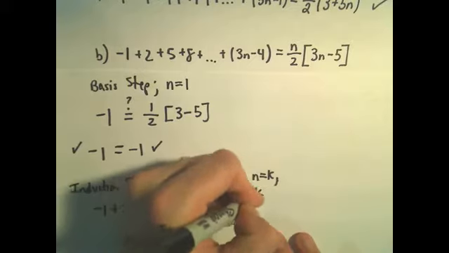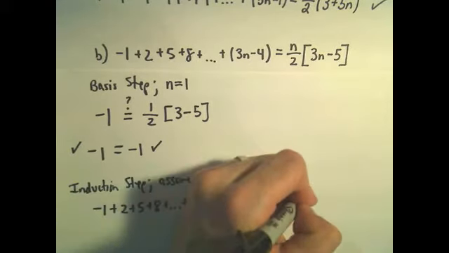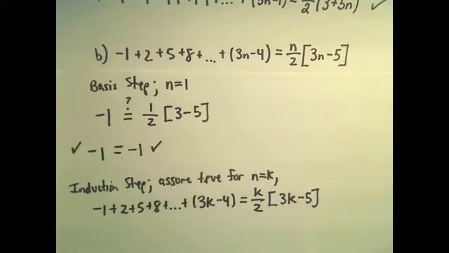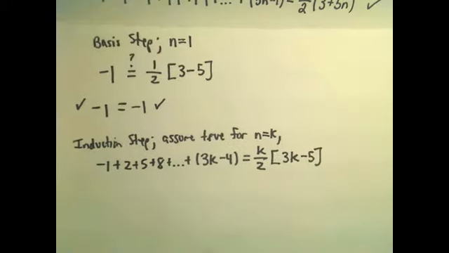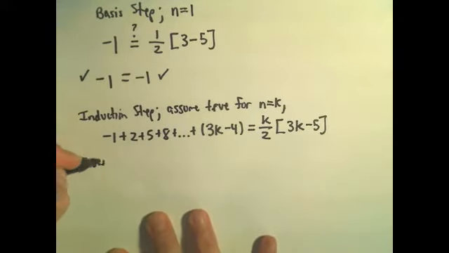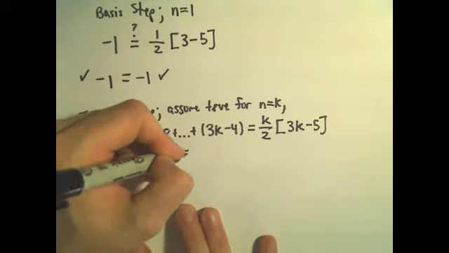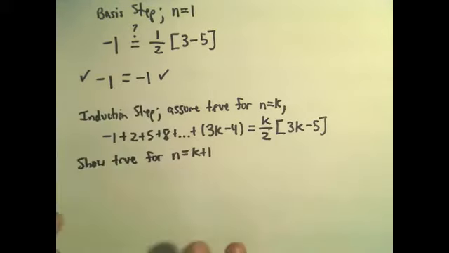We're assuming that's going to equal k over 2 times 3k minus 5. And now we have to show that it's true for the value k plus 1, for n equals k plus 1.